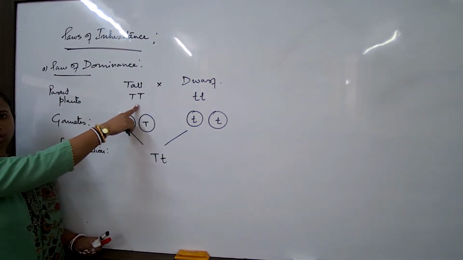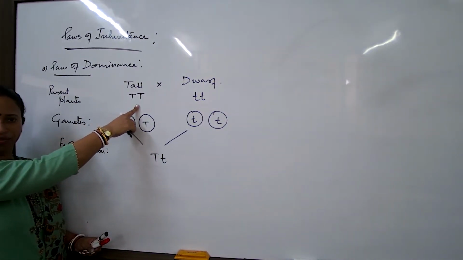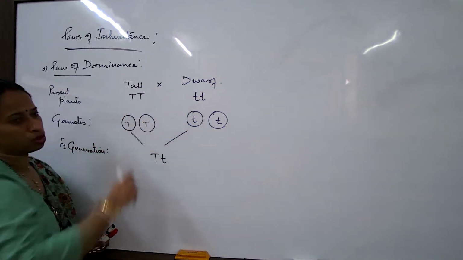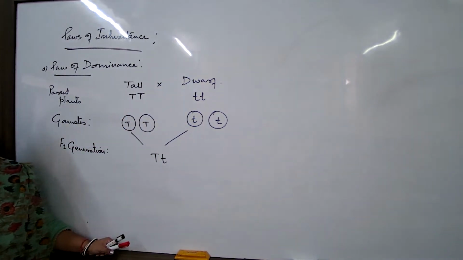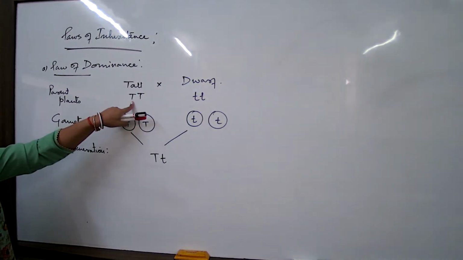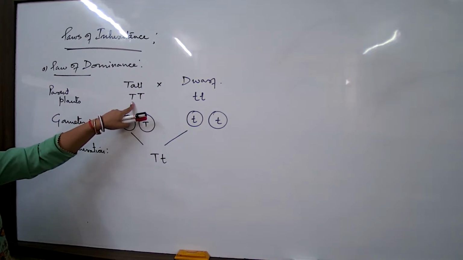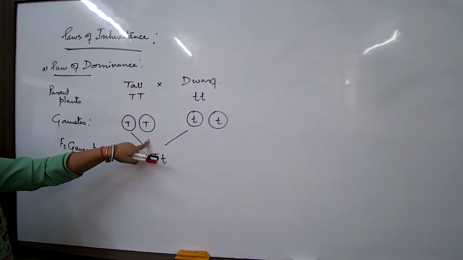A pair of chromosomes with homozygous allele for tallness, another pair of chromosomes with homozygous allele for dwarfness. When they undergo the process of gamete formation, two types of gametes are formed.